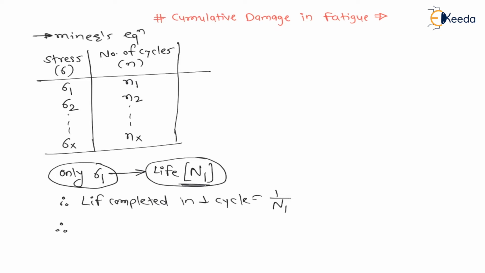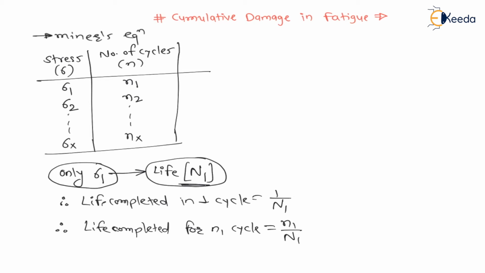Therefore, the life completed for small n1 cycles, because sigma 1 is subjected for small n1 cycles, is nothing but small n1 divided by capital N1.